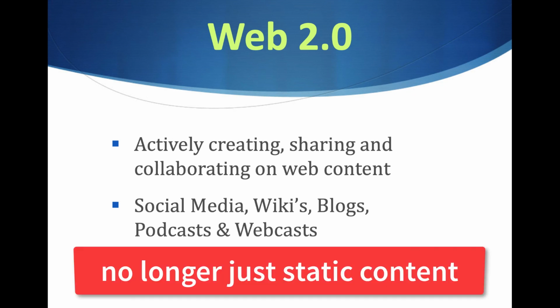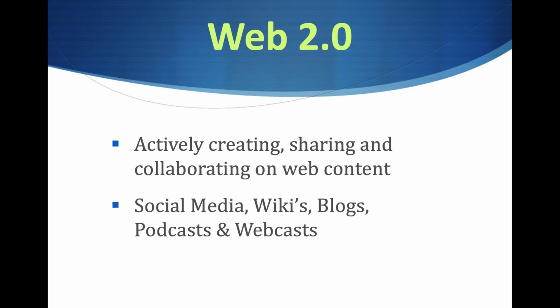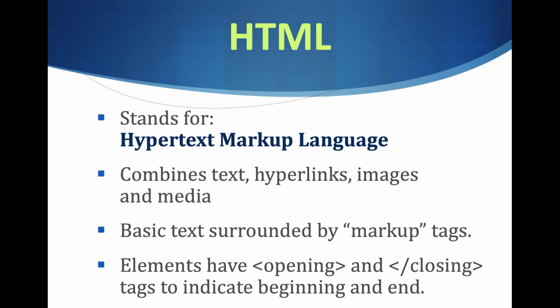They might have it just for some information, but usually they're doing something more dynamic, like promoting themselves on Facebook or different platforms. So that's what Web 2.0 basically means. It's a more dynamic, interactive type of web than just pictures and text the way it was in the 90s.